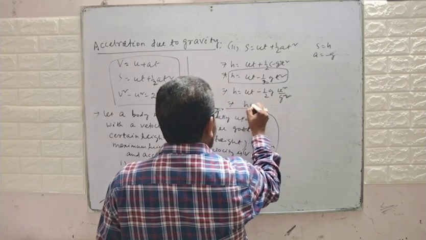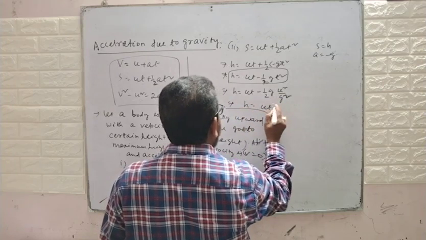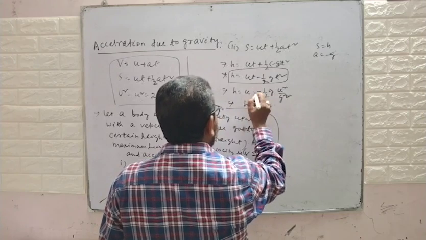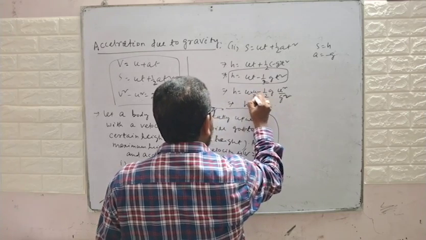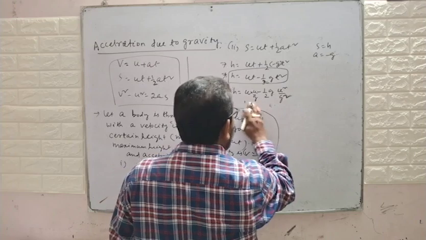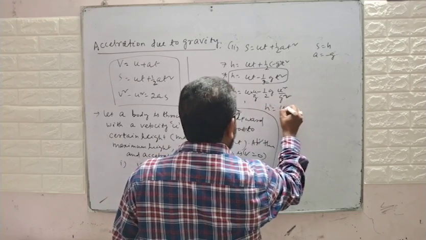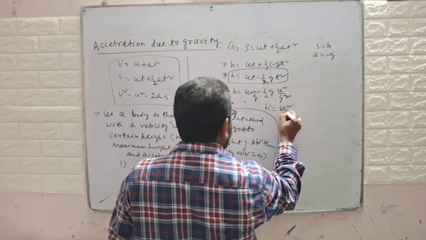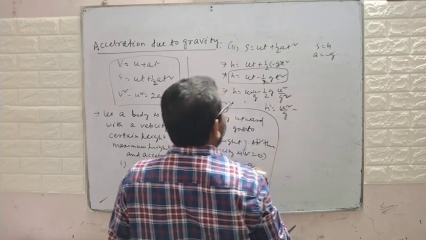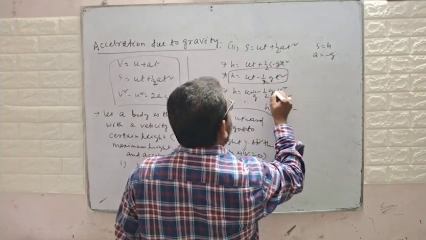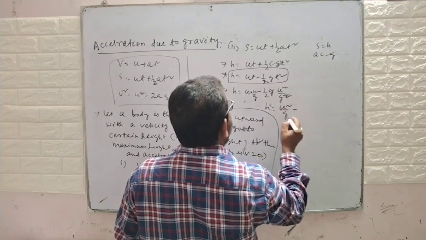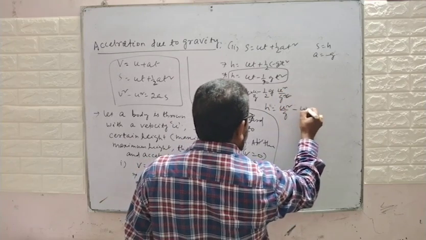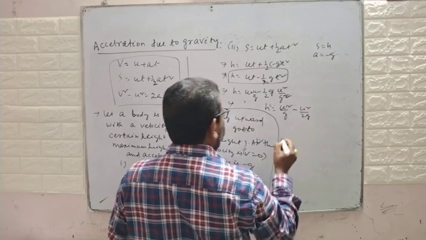That implies h is equal to, here also you put u by g, t equal to u by g. Now we will get h equal to u into u by g minus half g into u square by g square. Here g square cancel, u square by 2g.